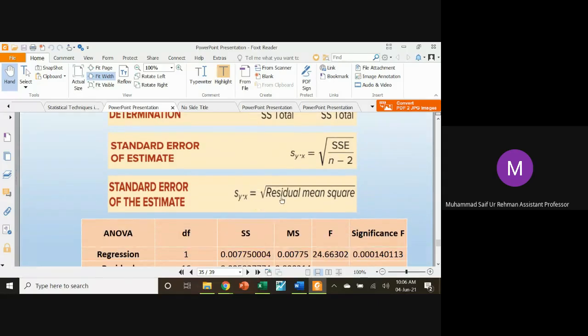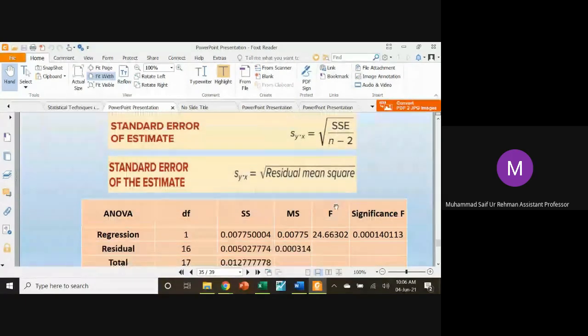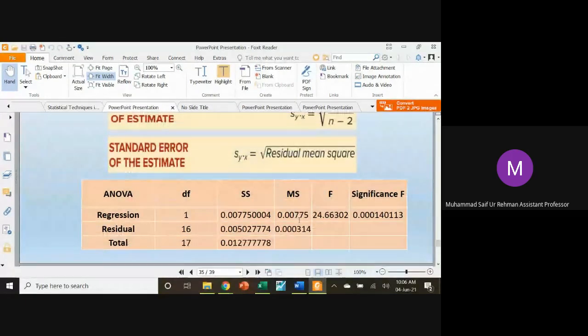Or you can simply take the residual mean square, MSE. Take the square root of this value, and you will have the standard error of estimate.